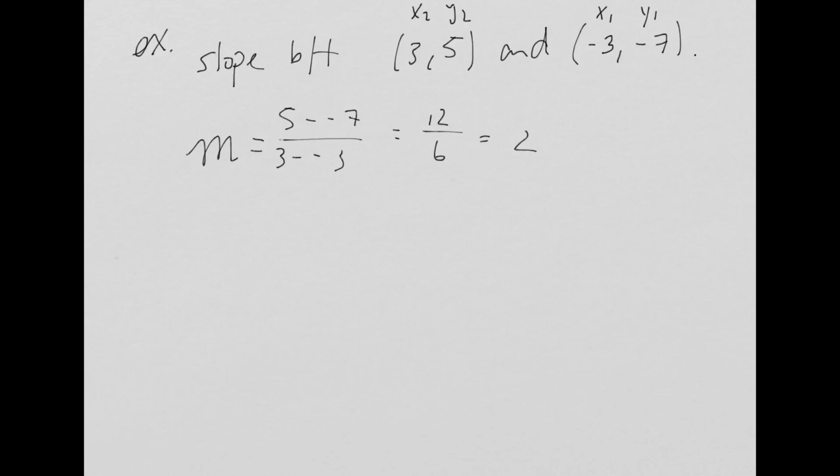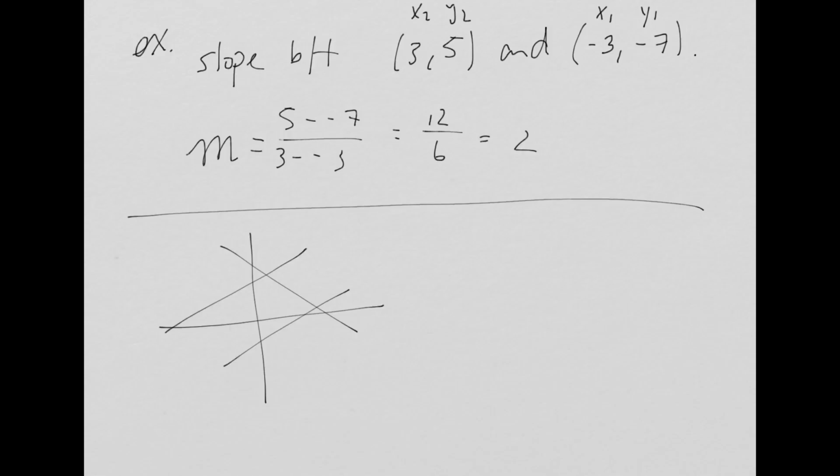Now you want to be careful. All the slopes that we've done, I've had lines that look like this or this, something like that. I haven't had a line that does this. So I haven't had a vertical line. Now think about a vertical line for just a second. If I have 2 points here, the slope is measuring the rise, so whatever distance that is. But then what is my run going to be?